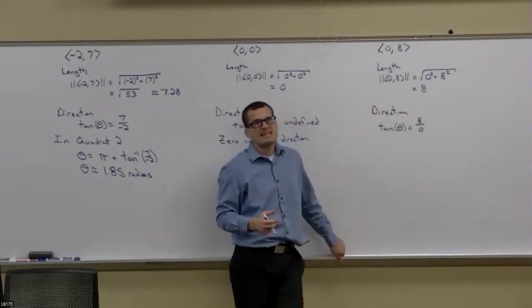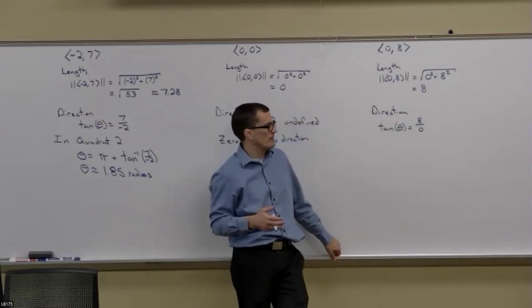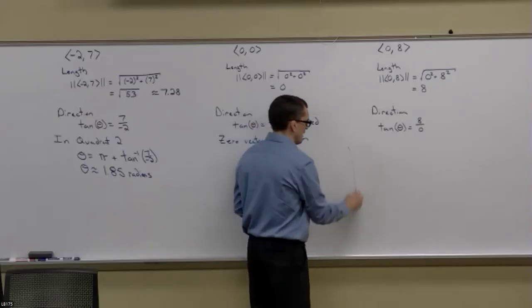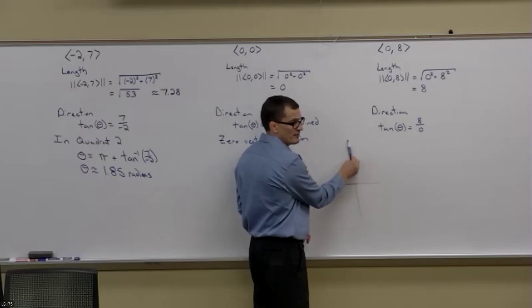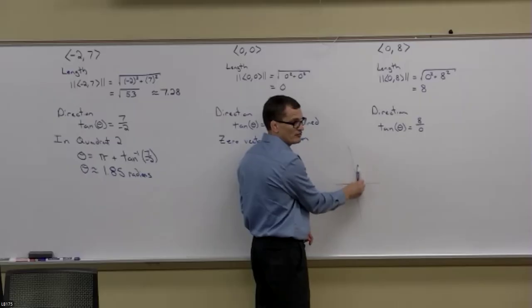When you do the calculus version of this, what you'll see is that we're starting here and you take a limit, and as x goes to 0, the limit goes to infinity. So we're pointing straight up.